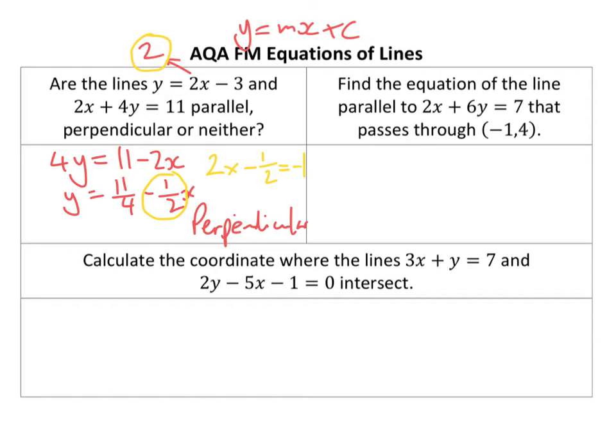Second one, find the equation of the line that passes through this. First of all, I've not got a lot of room here, so I'm going to rearrange: 6y equals 7 minus 2x. Sorry, I do apologise. So I should get y equals 7 over 6 minus 1/3 x.